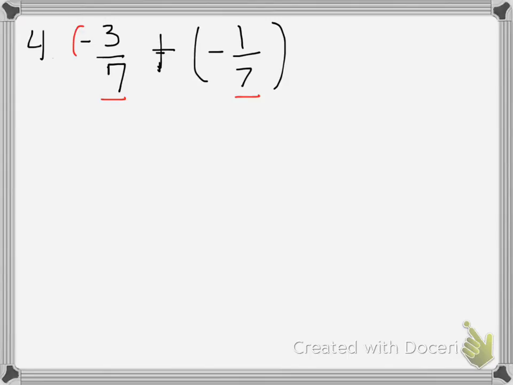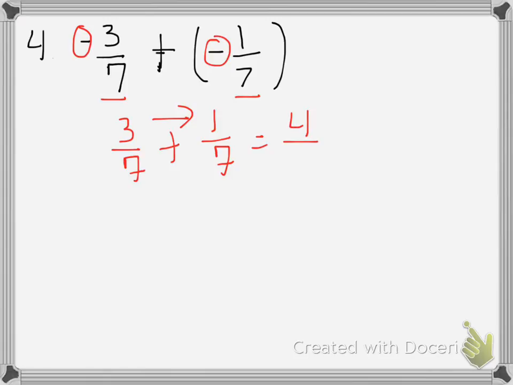And our signs are the same, which means we add the numbers. So 3/7 plus 1/7, when we add fractions, we add across the top and then keep the bottom the same. And then we keep the sign, which is negative.